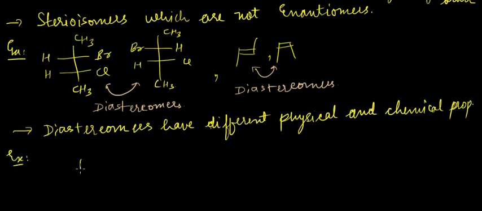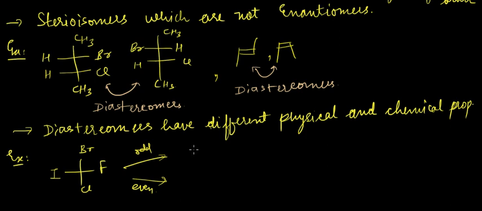So if we have something like this, F, Cl, I, and we change an odd pair of groups or an even pair of groups.